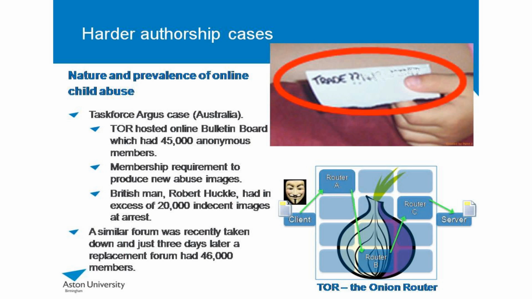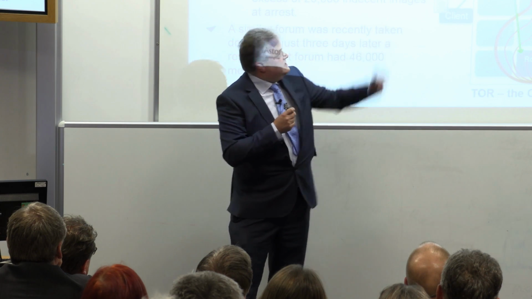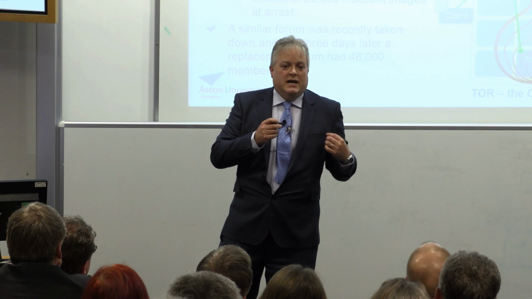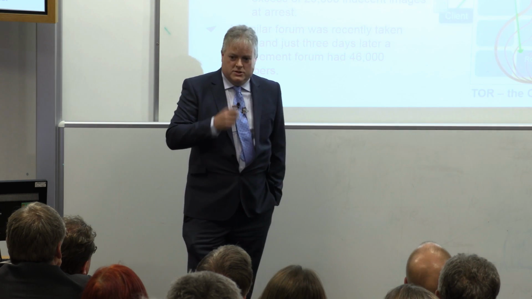The bit I've scrubbed out there is an identifier. Hold up on a live webcam so that an abuser at the other end can order the sort of abuse they want. And then on that piece of paper, you would write the abuser's username so that you know it's live and in the moment and you're not being conned as an abuser.